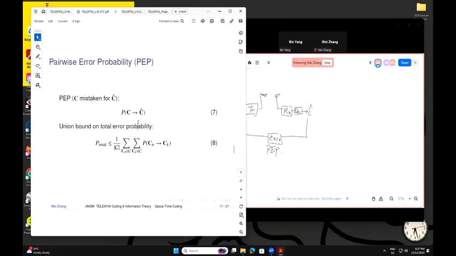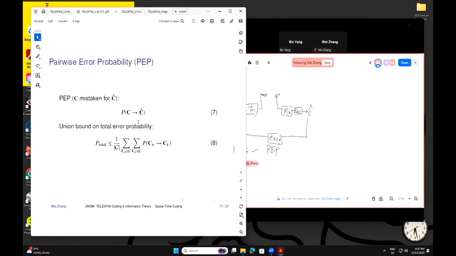And equation 8, that is the total error probability by considering all the possible transmissions of the signals. So what does it mean? It means that the C may not be unique. Maybe you have different codes or signals, C1, C2, C3, C4, for example. And for example, if I send C1, it may go to C1, that's correct.